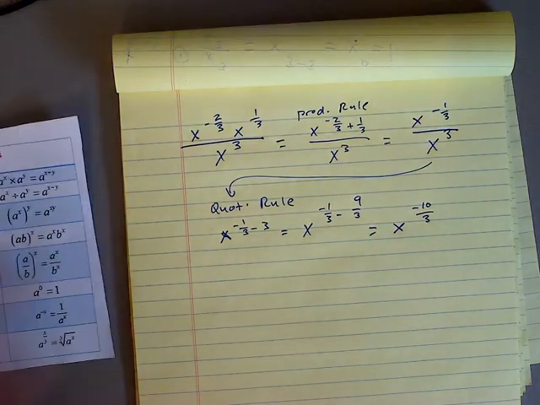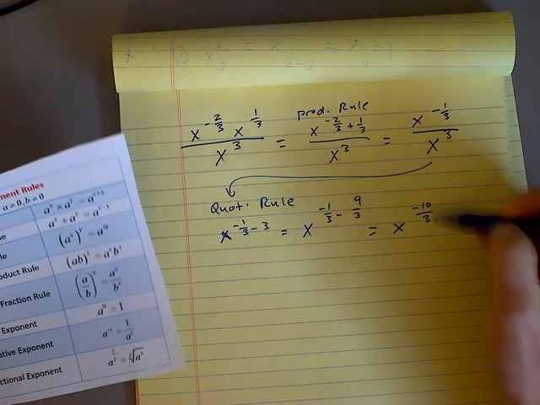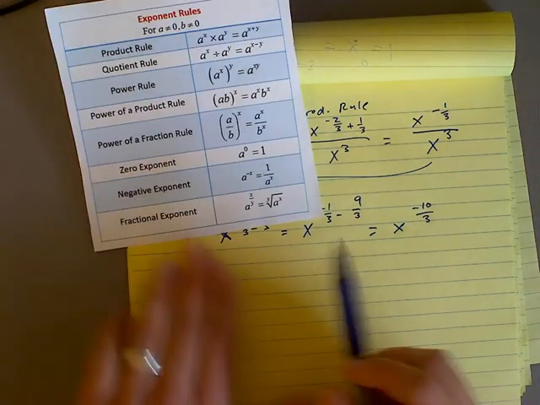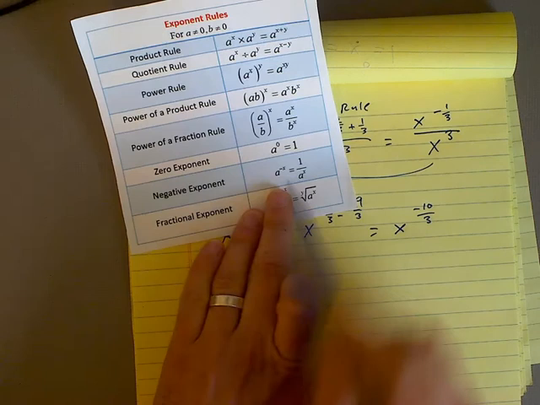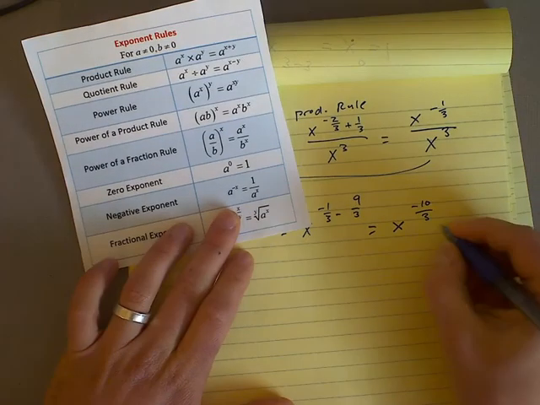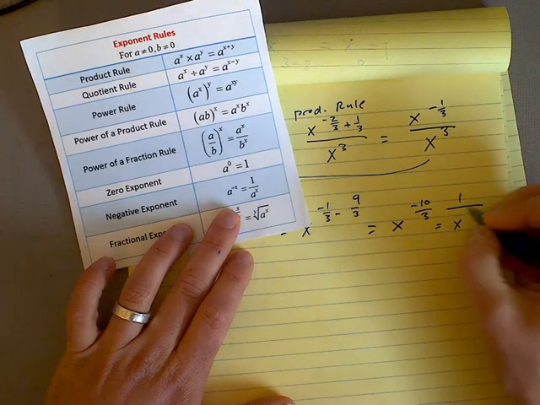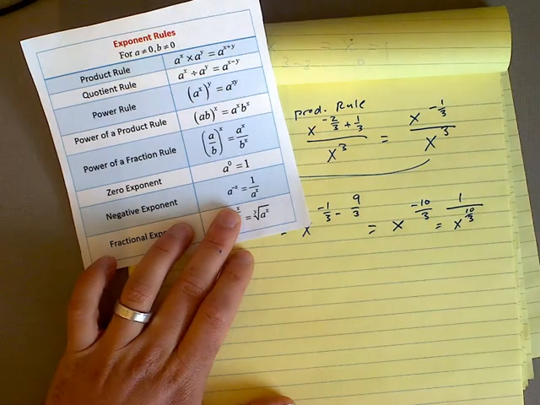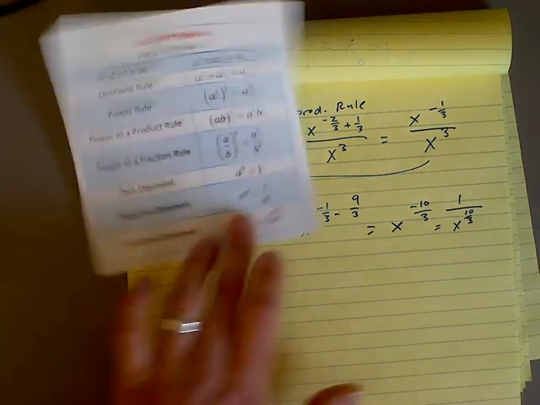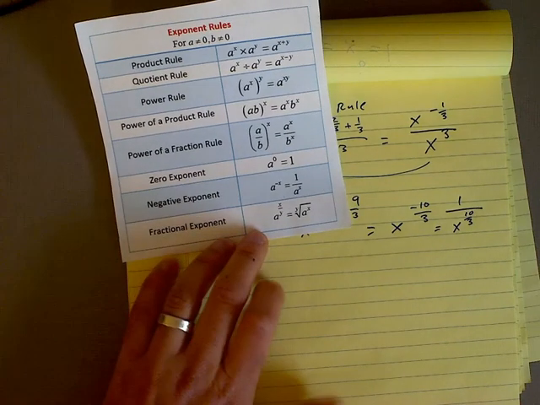And now, since I have a negative exponent, I'm going to apply the negative exponent rule to make this 1 over x to the 10 over 3. And then to finish it off, we're going to use the fractional exponent.